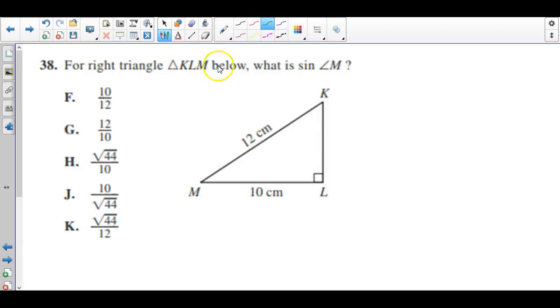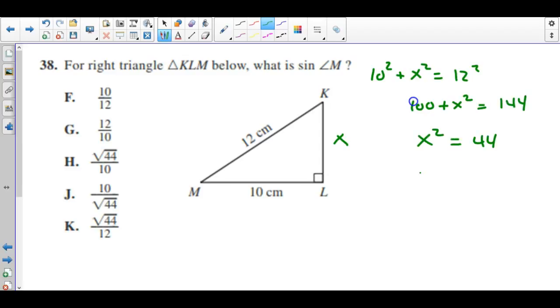For the right triangle KLM, what is the ratio for sine M? So what I need to first do is figure out this value using the Pythagorean theorem. So 10 squared plus x squared equals 12 squared. 100 plus x squared equals 144. X squared is going to come out to 44, so x is the square root of 44.